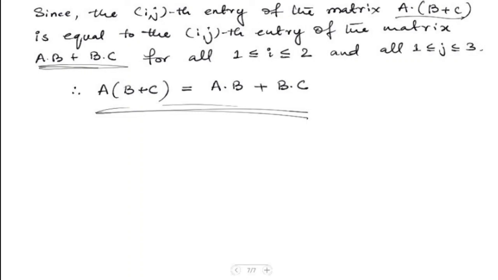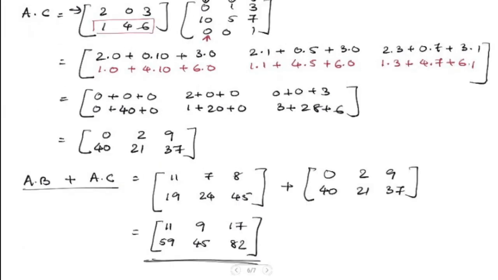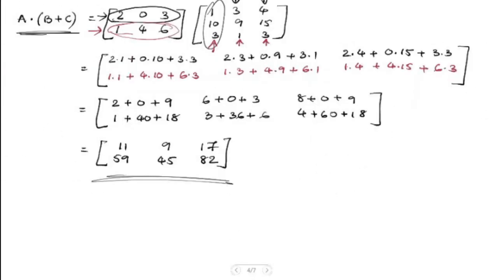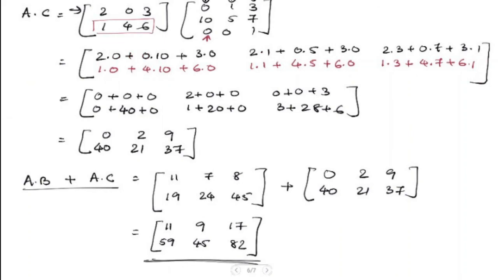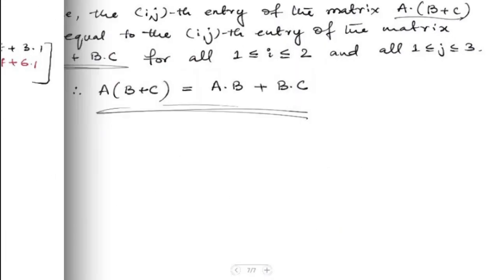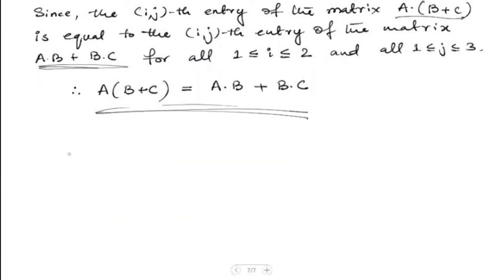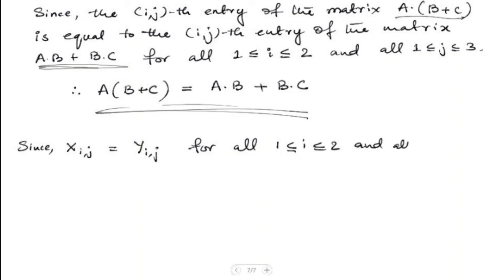Or you could just name these matrices. You can say the right hand side here you could name as X maybe, and the left hand side as Y maybe, and you can say that x i comma j is equal to y i comma j for all i, which is 1 to 2, and all j, which is 1 to 3.